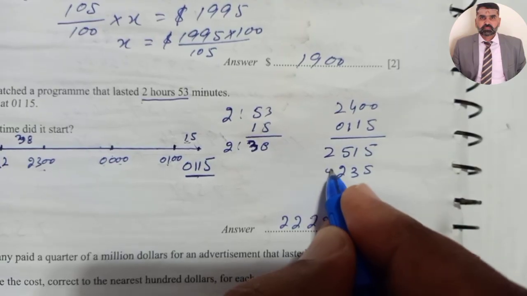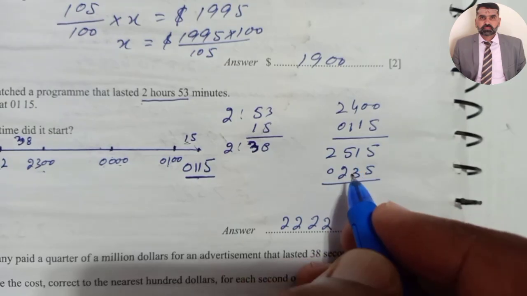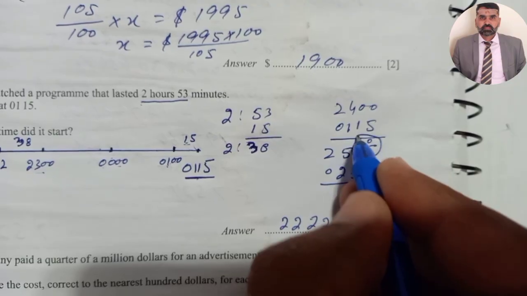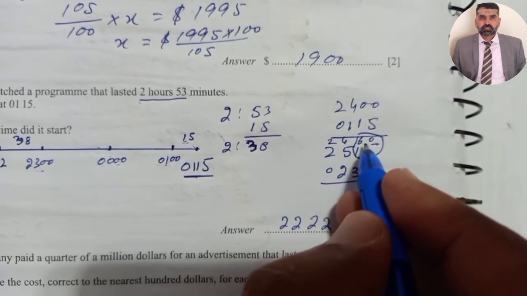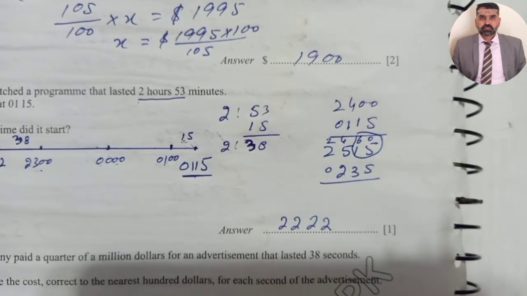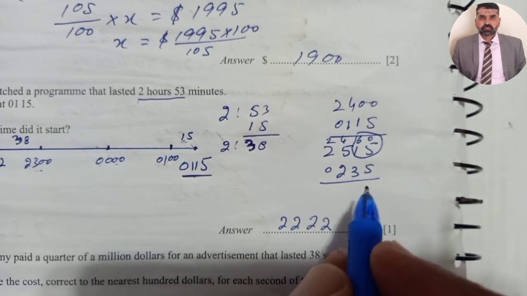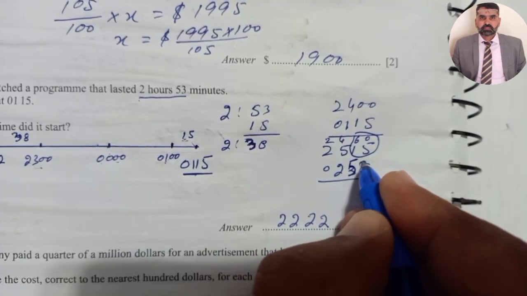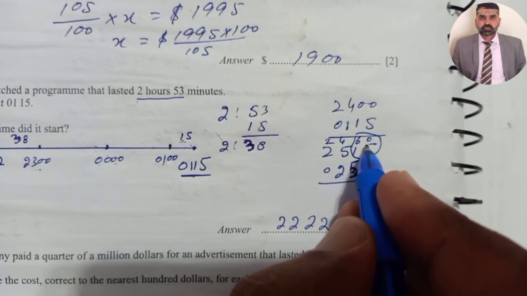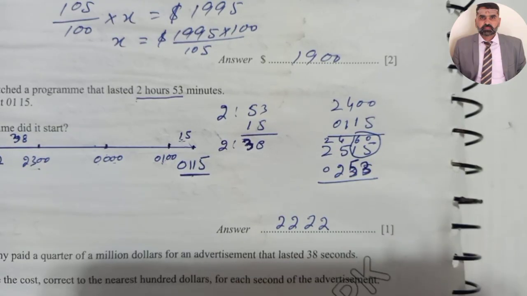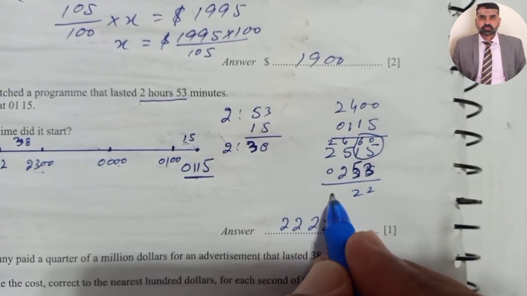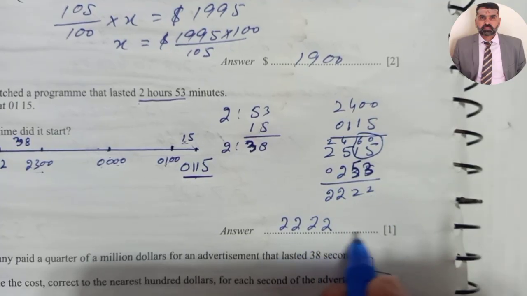So students, we will get 1 hour from 25 hours, and that will be 60 minutes, and the leftover will be 24 hours, and we will add 15 minutes and 60 minutes, that will be 75 minutes, and 2 hours 53, not 35. 53 minutes will be subtracted from 75 minutes, and the minutes will be 22, and hours are 24, and subtract 2 hours, and we will have 22 hours and 22 minutes the previous day.